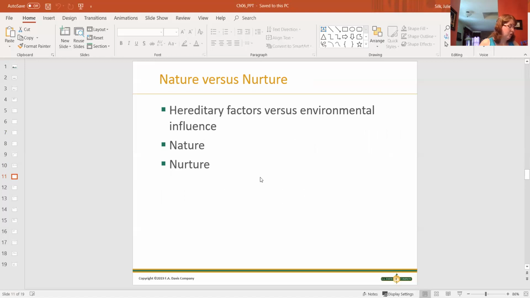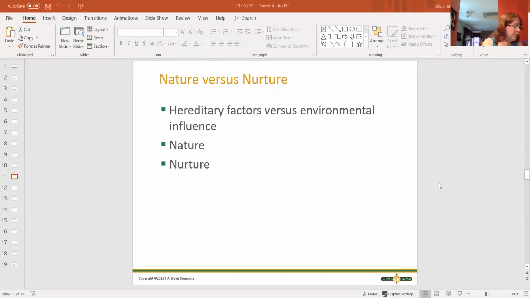Okay, so this kind of gets into a little bit about nature versus nurture. So let's see if we can talk about that. Okay, so with nature versus nurture.